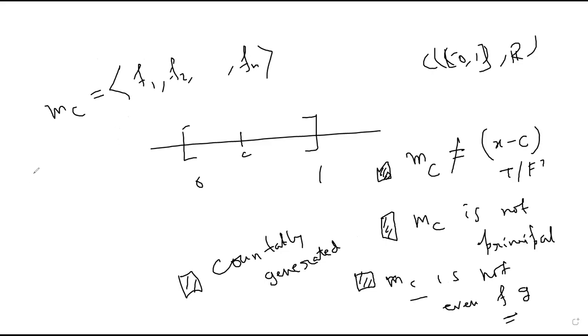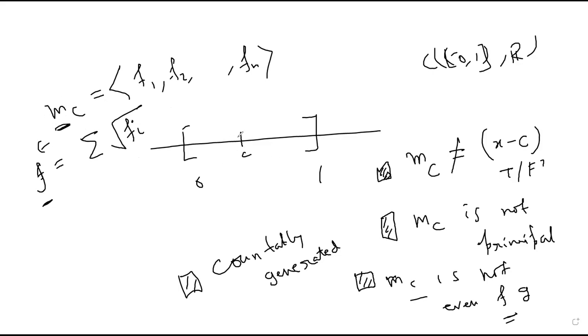Then you can look at a new function f, which is the summation of the square roots of the absolute values of the fi's. If all of the fi's belong to the maximal ideal M_c, that is, all of the fi's vanish at the point c, then f will also vanish at c. So f also belongs to M_c.